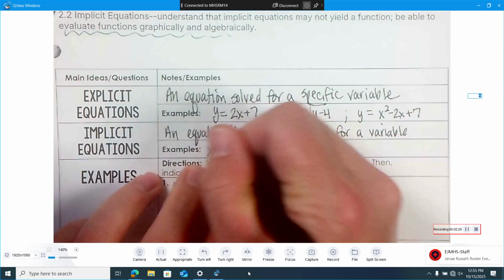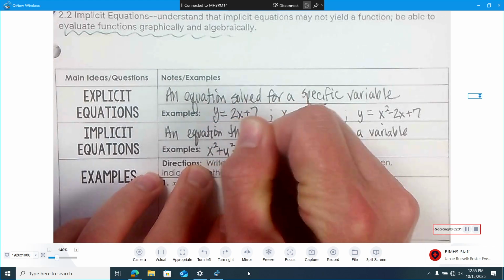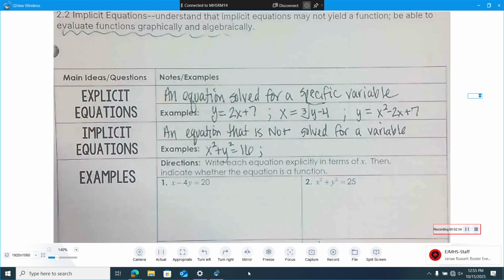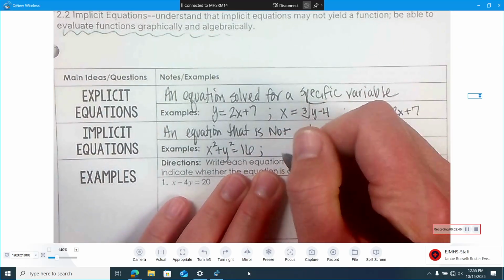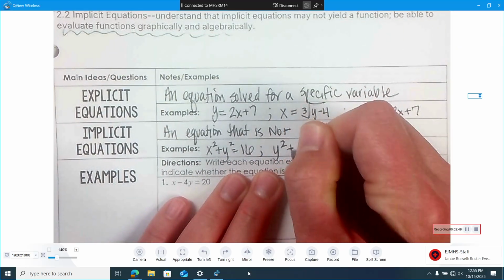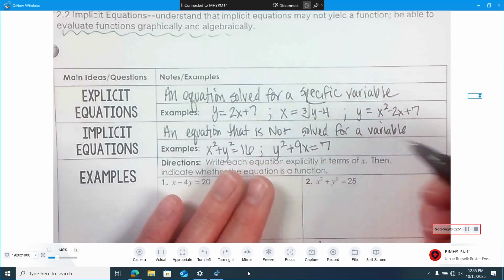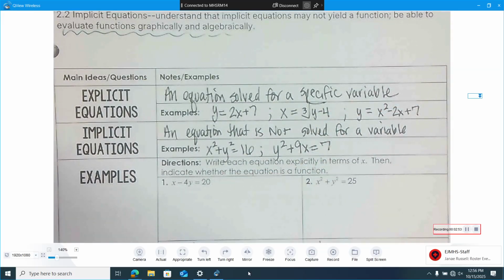So for example, x squared plus y squared equals 16. Is the x alone? Is the y alone? No. Then this is an implicit equation. It's an implied equation. That's what it means, okay? We might see something like y squared plus 9x equals 7. Again, is the y by itself? No. Is the x by itself?